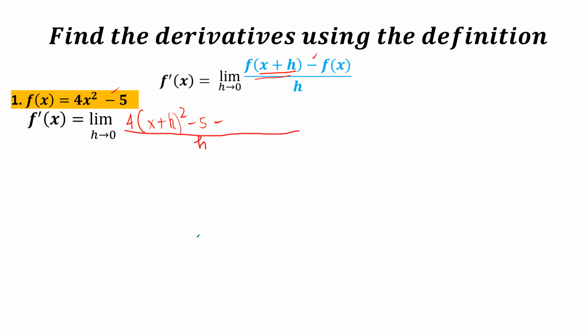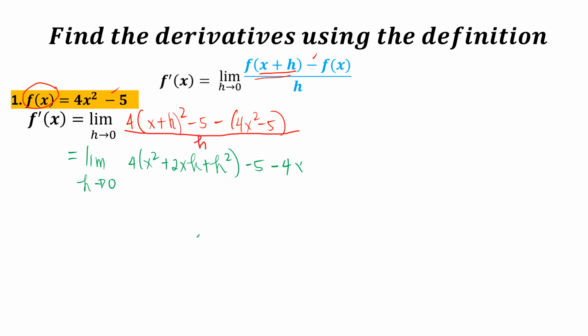When we say f of x, it is our function f itself, and it is represented by 4x squared minus 5. And then let's proceed to simplifying the x plus h, or in other words, expanding the square of a binomial. So this will be x squared plus 2xh plus the square of h, and then minus 5. Then distribute the negative.